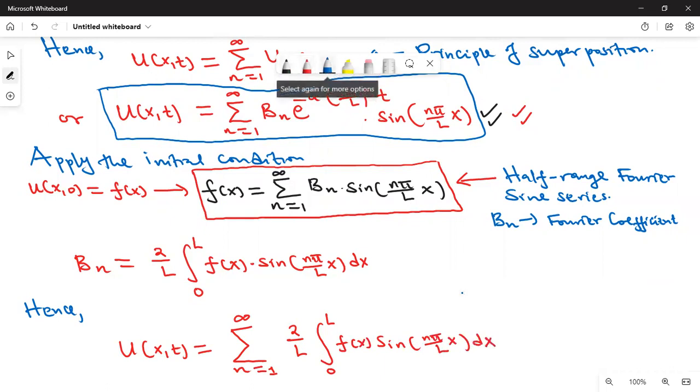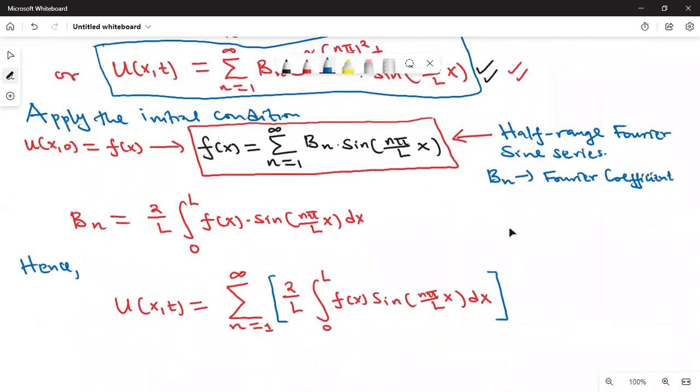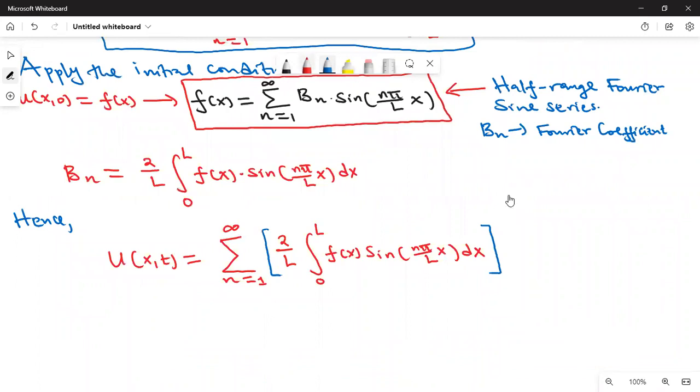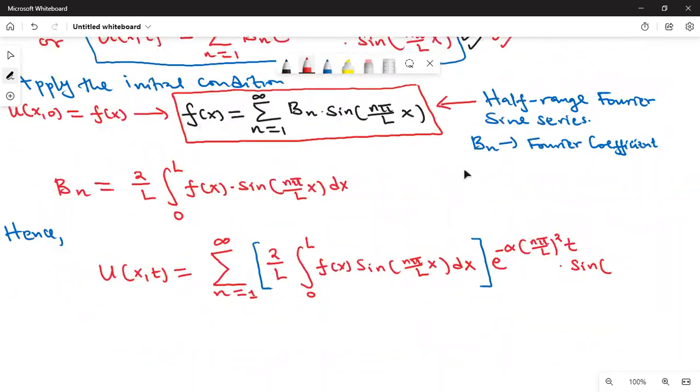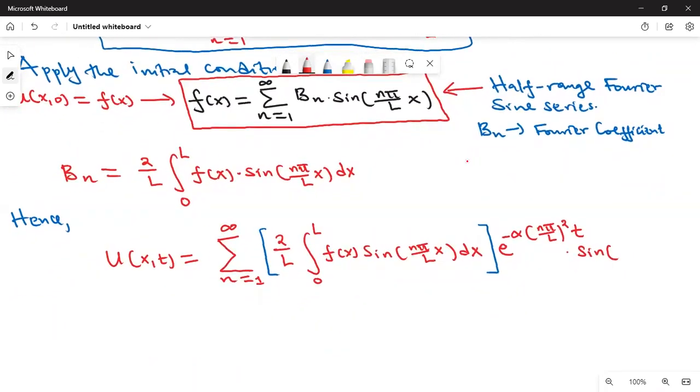That is b subscript n, so I can put this in brackets. Then we are multiplying that by exponential negative alpha times n pi over L, this is squared, t, then the sine n pi over L x.